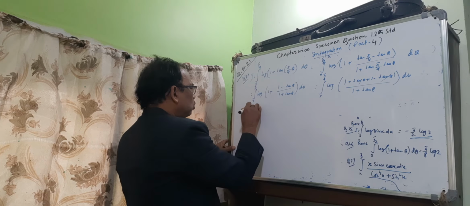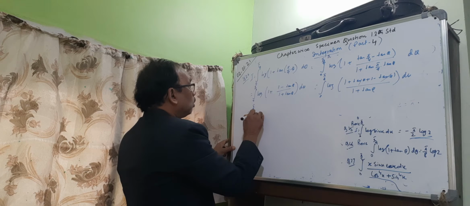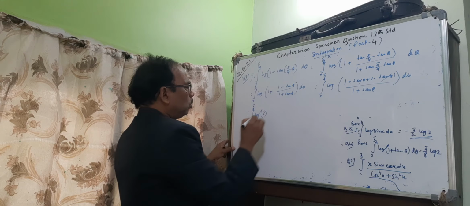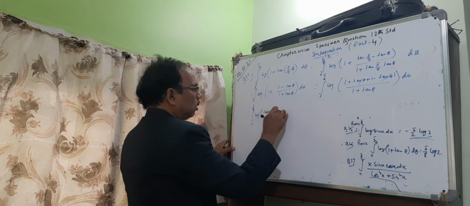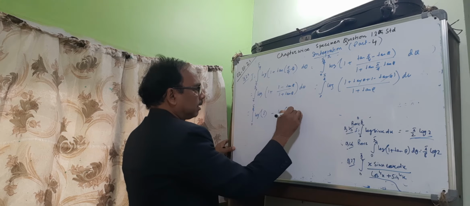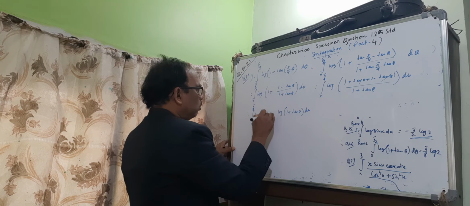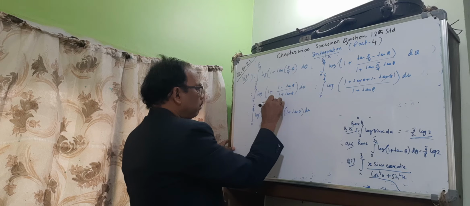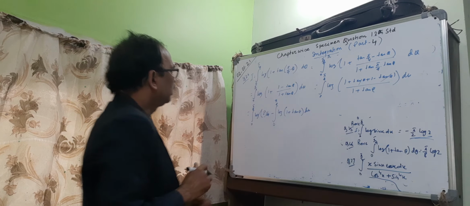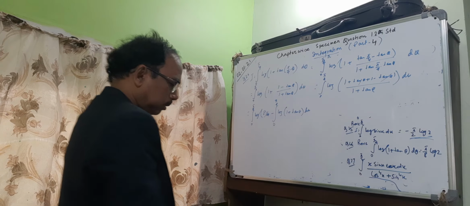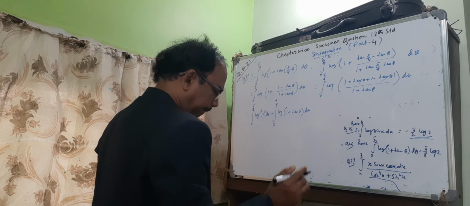The tan theta terms cancel, giving the integral from 0 to pi by 4 of log 2 minus log of 1 plus tan theta d theta. We can break this integral from 0 to pi by 4.